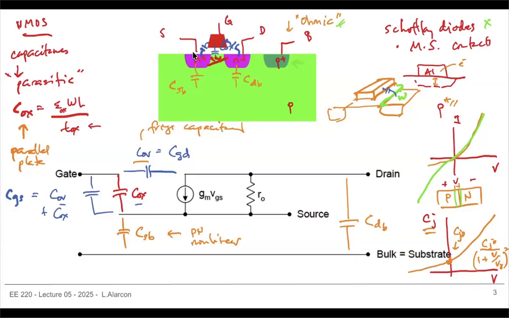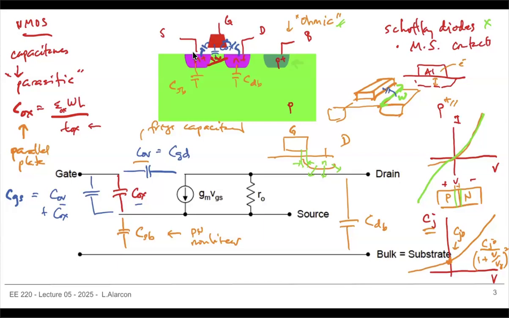They occur when, if we have just a side view of the gate and, let's say, the drain, because of that small overlap. When you build the N-type region, for example, it diffuses, so the original boundary increases by a certain amount just because of diffusion.